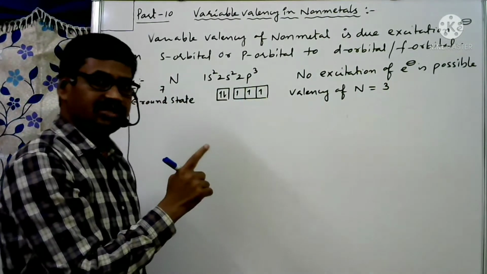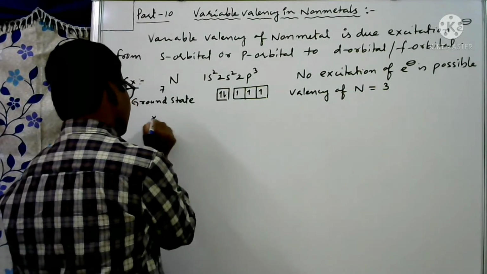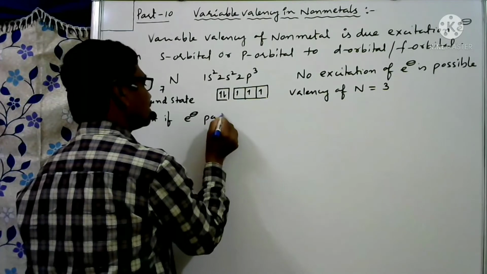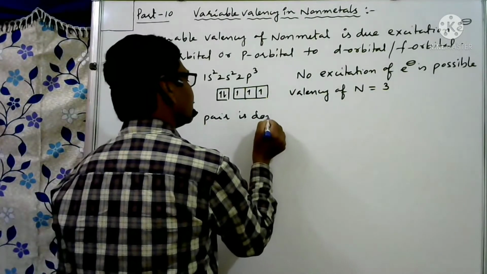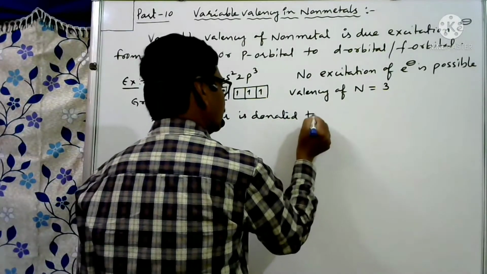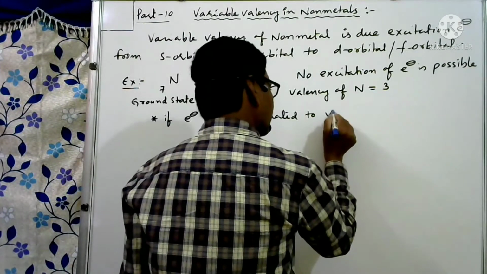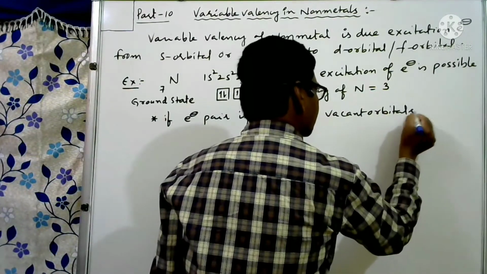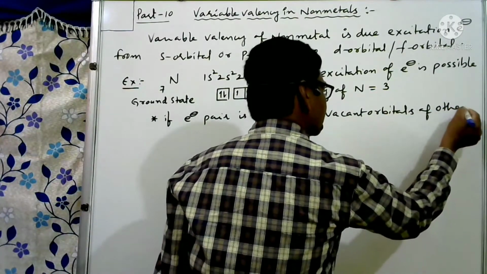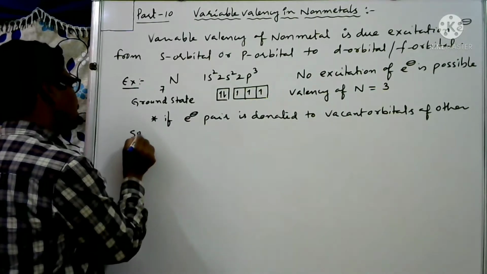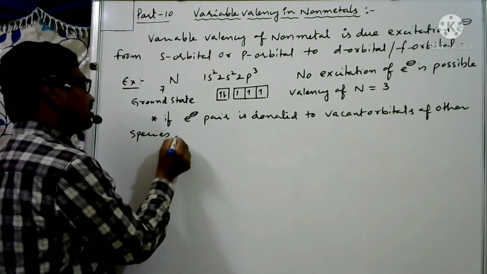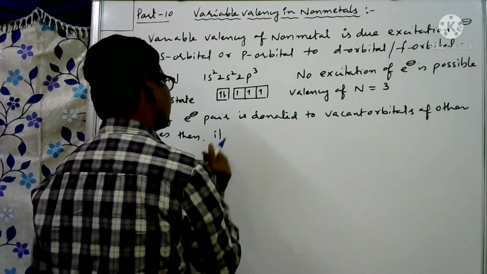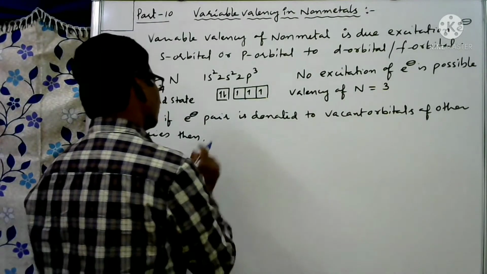These are direct covalent bonds. If this electron pair is donated to vacant orbitals of other species, then the valency can be 4.